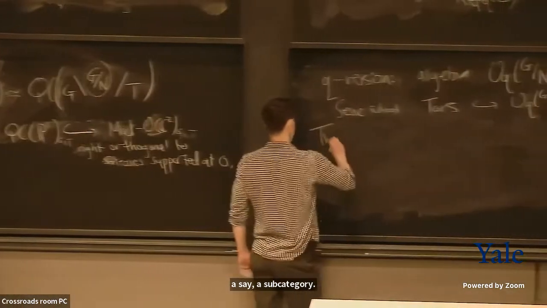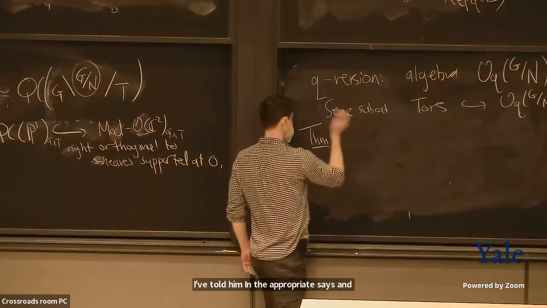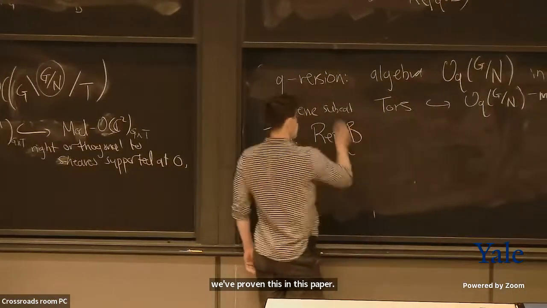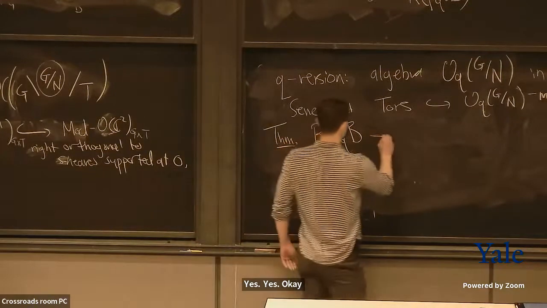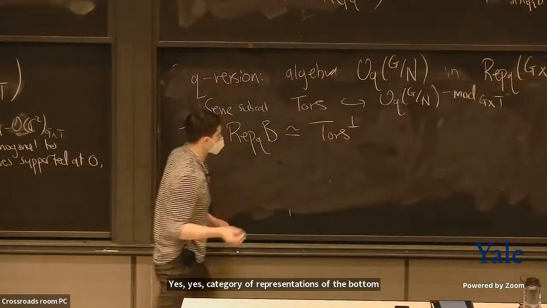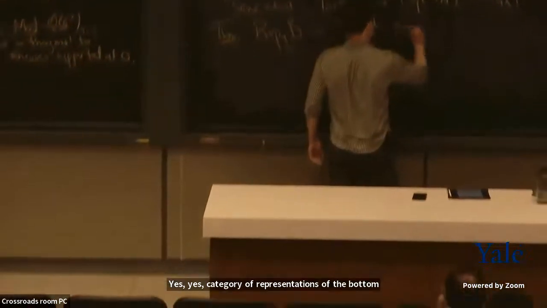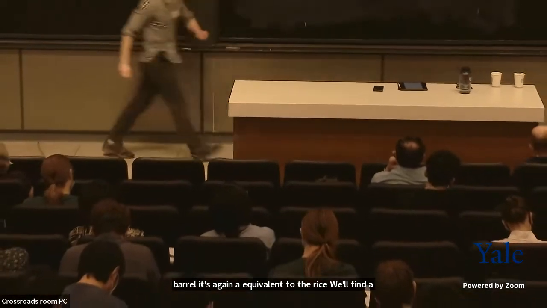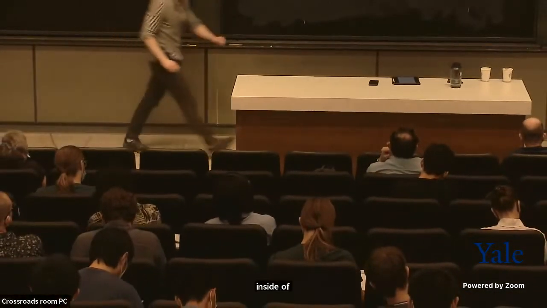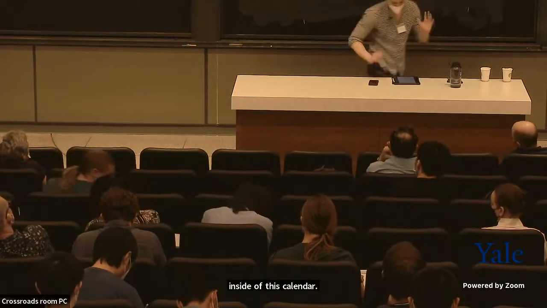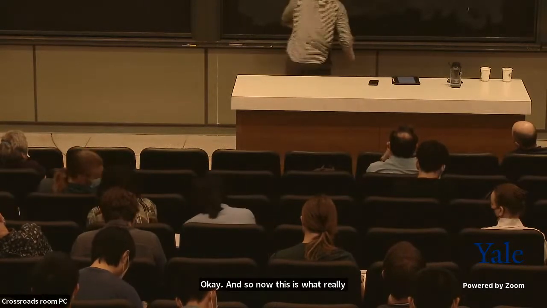And one of the theorems we prove in this paper is that the category of representations of the quantum Borel is again equivalent to the right orthogonal complement to torsion inside of this category.